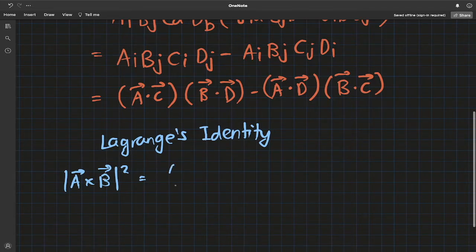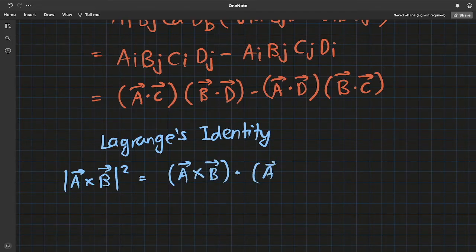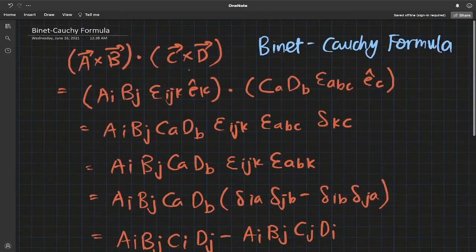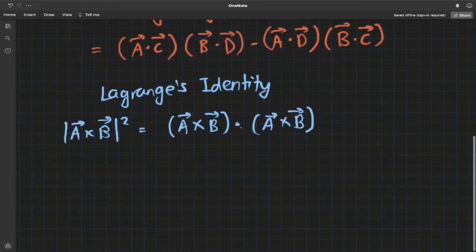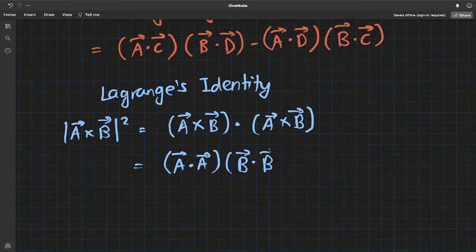Well, the magnitude squared is just A crossed with B dotted with itself. And notice this is basically a special case of this guy when C is equal to A and D is equal to B, right? So we can just use this formula down here that we derived. So for the first term we have A dotted with A and then B dotted with B minus A dotted with B times B dotted with A.